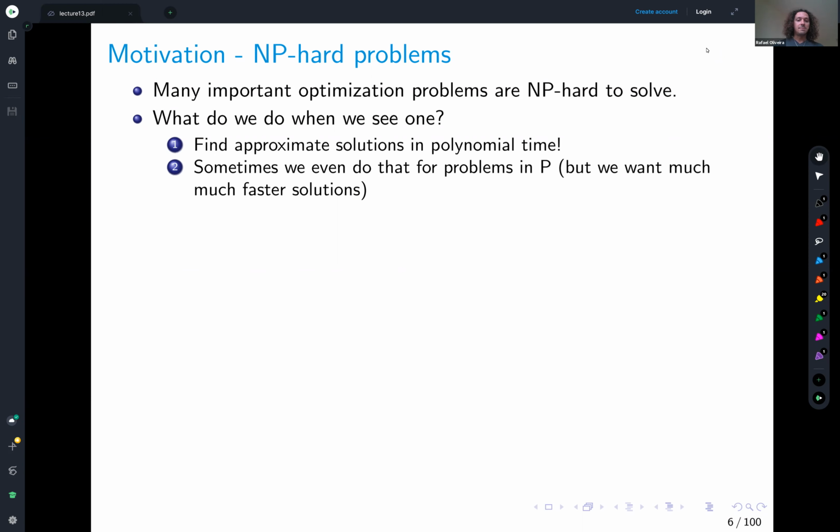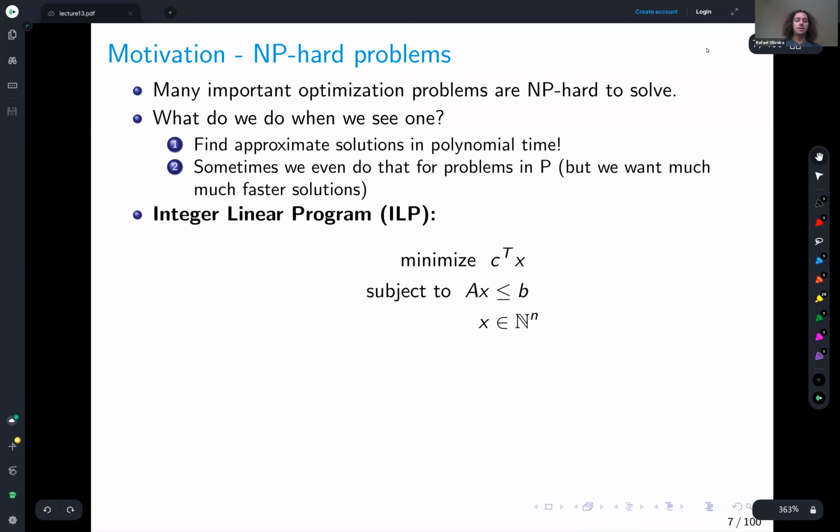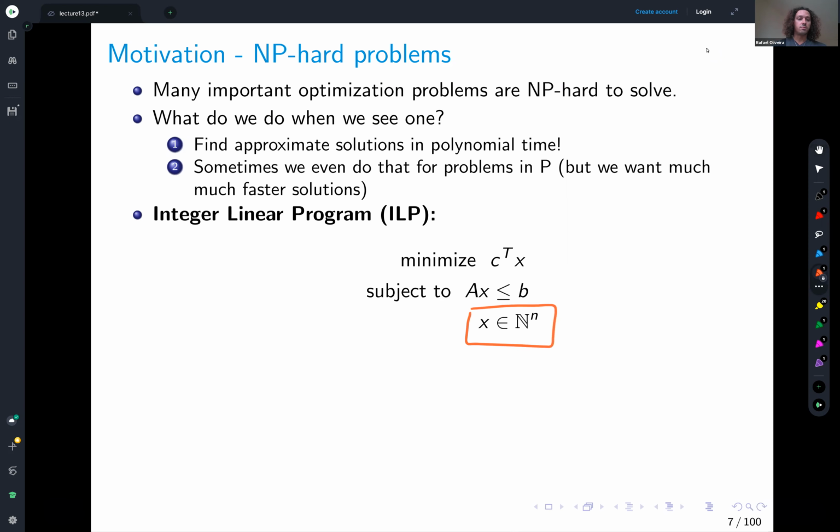So that's the idea. And here's the template for some of the problems that we're going to see. We saw linear programming, which was minimizing c transpose times x subject to Ax less than or equal to b. And now an integer linear program is a linear program where we require the solution to be integral.